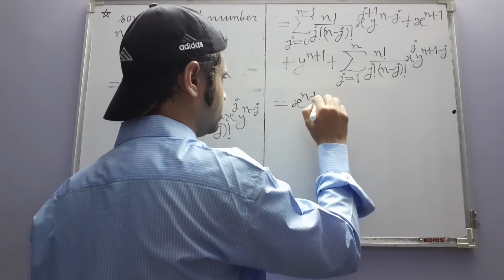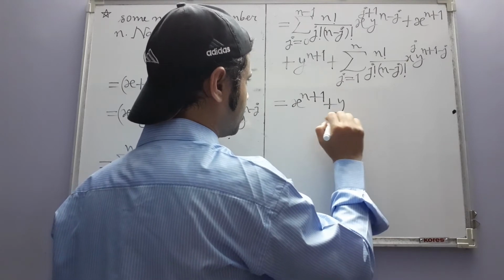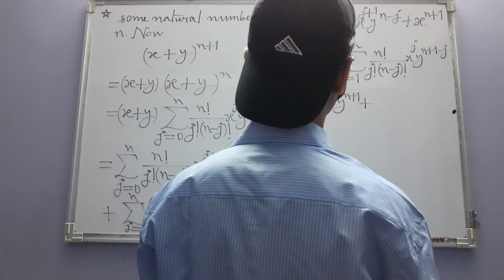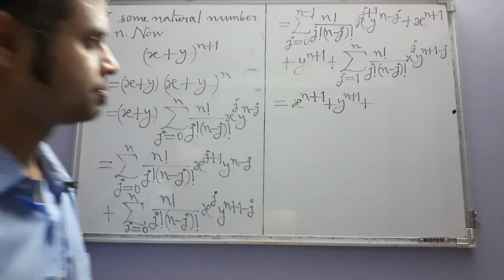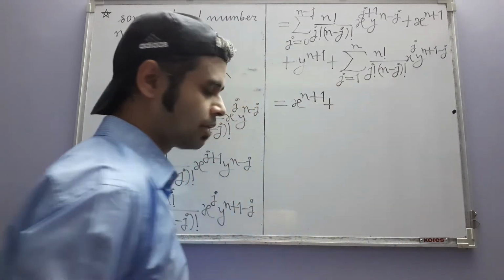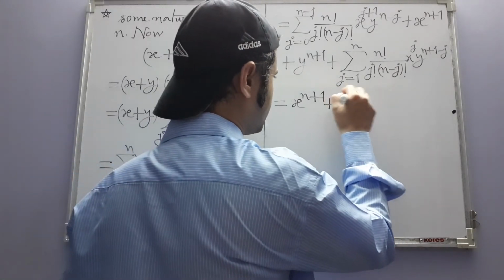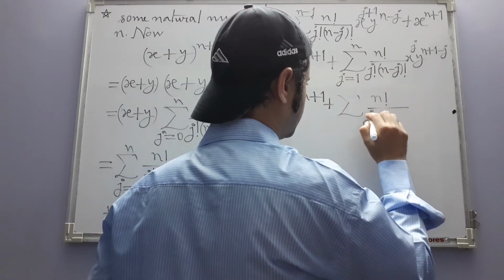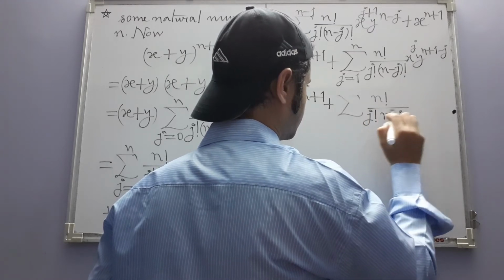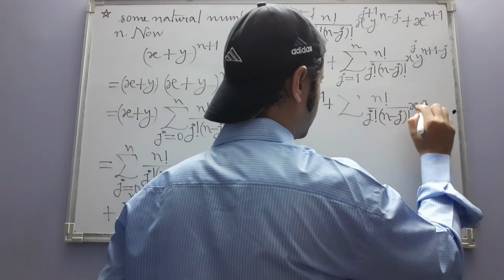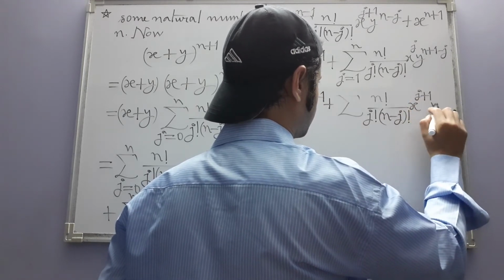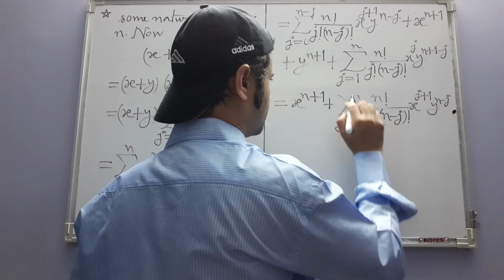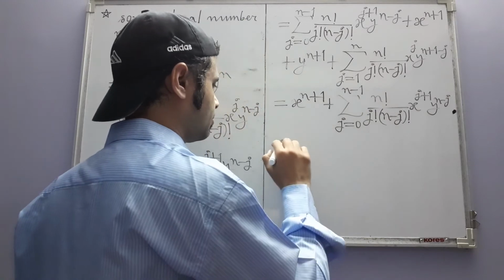Let us first of all write x to the power n plus 1 plus y to the power n plus 1. I think it's better to first write the series: n factorial divided by this, times x to the power j plus 1 times y to the power n minus j, where j varies from 0 to n minus 1, plus.